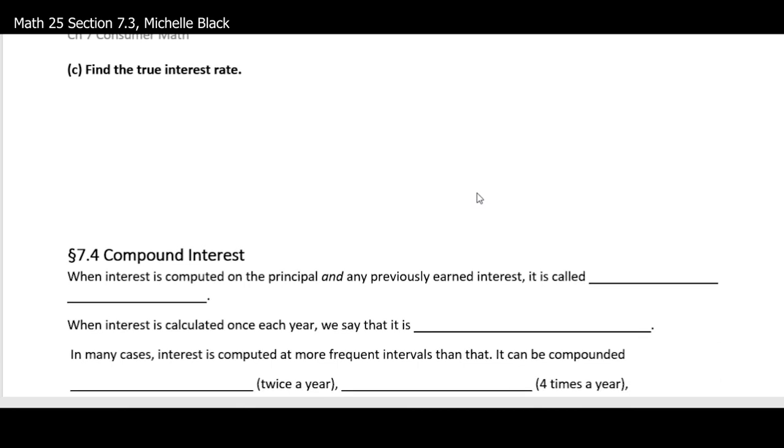Part C then asks us to find the true interest rate. Because she technically didn't get a loan for $5,000, she got a loan for $4,100. Again, we have the formula I equals PRT. We know the interest that she paid because they took it off of her loan already, which was $900.